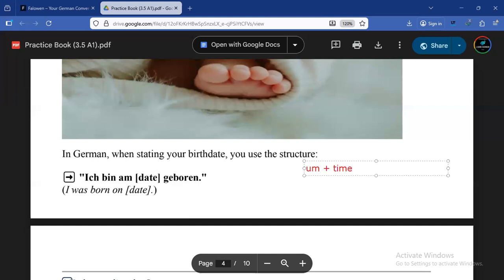Talking about intervals. Maybe from 7 o'clock to 8 o'clock.